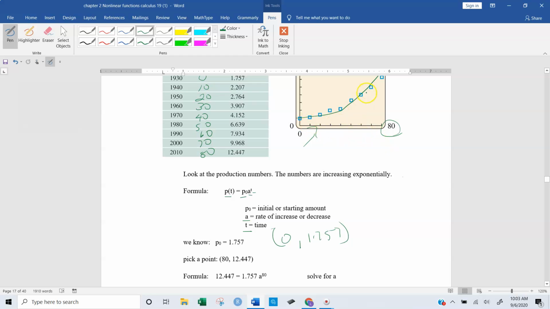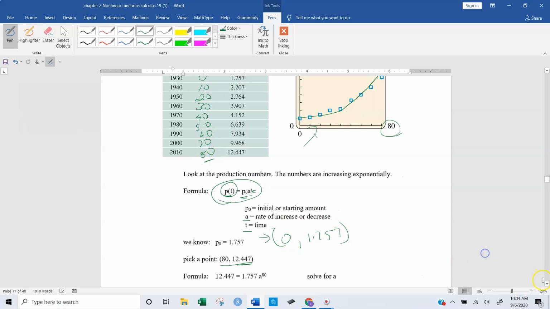So in order to do that, I need 2 points, and I need to know that it's exponential, so I'm plugging it into this form. The first point I chose was my initial, because this is my initial value. The second point, you can choose anything. I just chose the last one, which is 80, 12.447. I know this is where I'm ending up, and I know it took me 80 years to get there because 80 is where my graph is at.